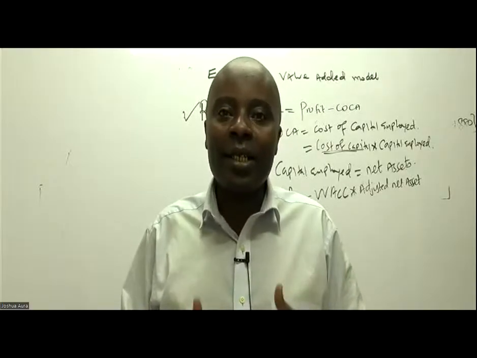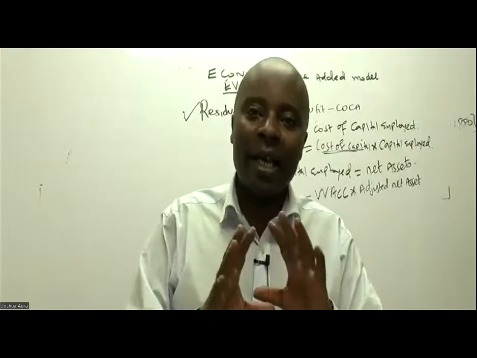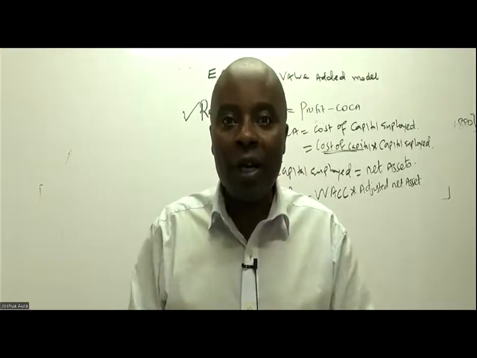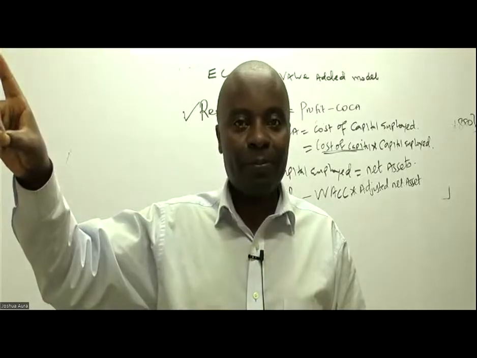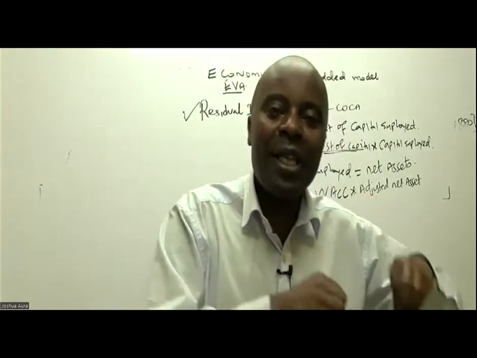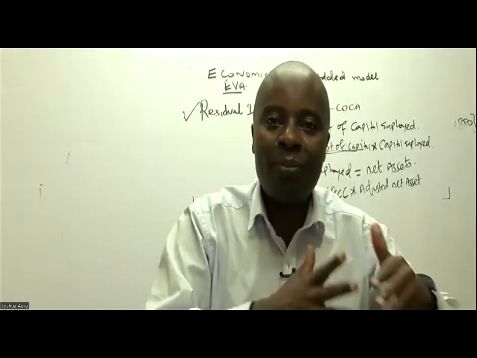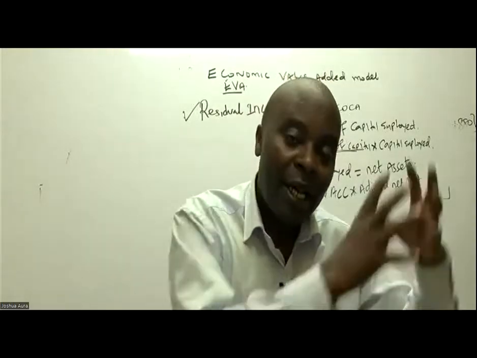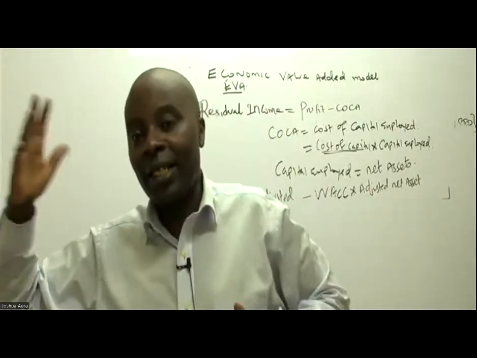An asset, ladies and gentlemen, could be a tool, it could be a machine, whatever, which has got future economic benefits. So these expenses that you're incurring today that will be giving you benefits in the long term should never be expensed. When you expense them, you are putting them in the income statement. Remove them from the income statement and take them to the balance sheet as an intangible asset.